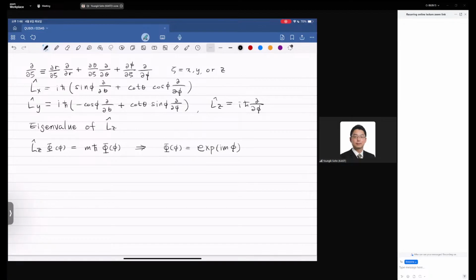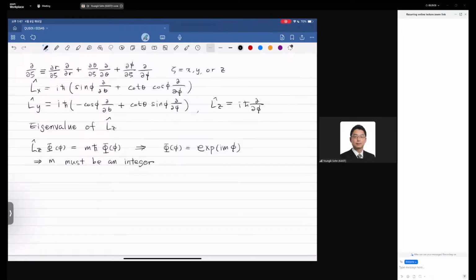And then m must be an integer. Otherwise, it has an issue, because phi is the azimuthal angle, so after one full round it needs to repeat itself.